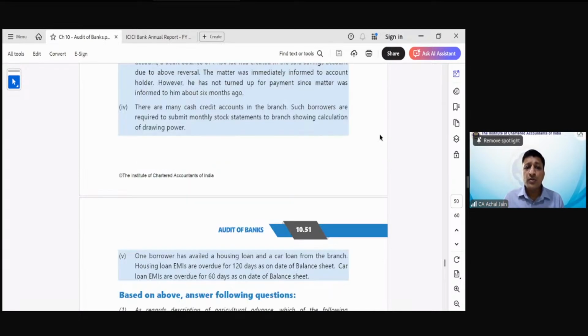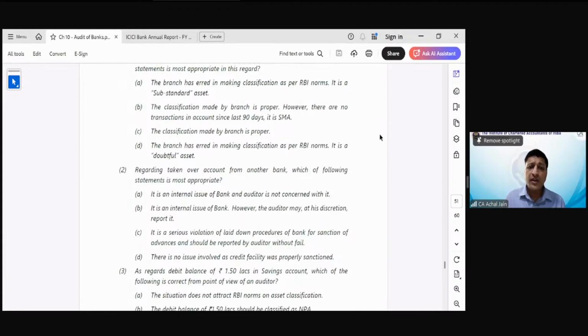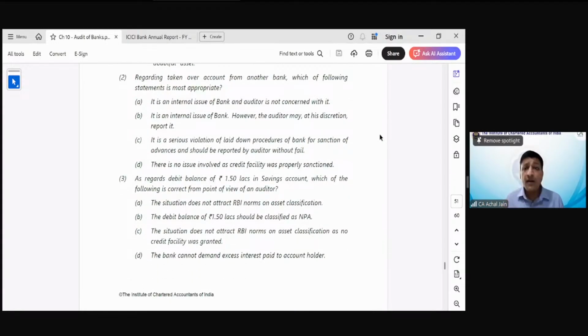So if you look at this second situation, in this case, proposal was not sanctioned by the required authority, but by a person below that. So therefore, which out of these four options you will consider will be the most appropriate one? I think this is more of logical.